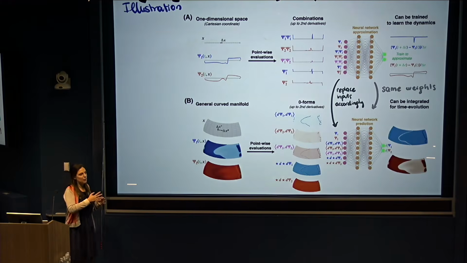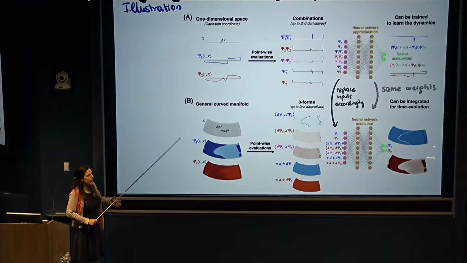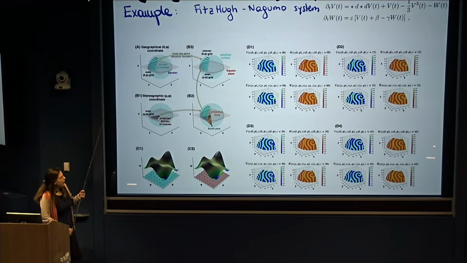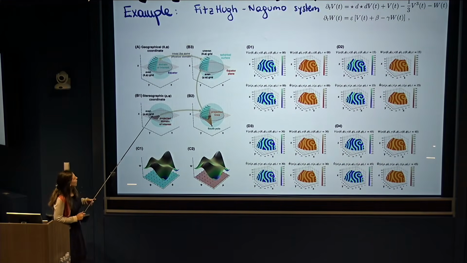There will be a specific set of rules of what are the things that you can generalize to by using these. But maybe there's a way to scale these bases in a different way, and then it will generalize to something else. That's kind of what this theory allows you to study. And here there's another example where we learn a PDE in dimension 1, and we generalize to other coordinate systems and other manifolds as well.